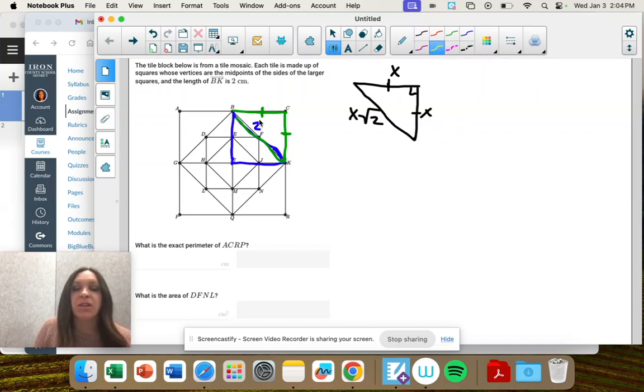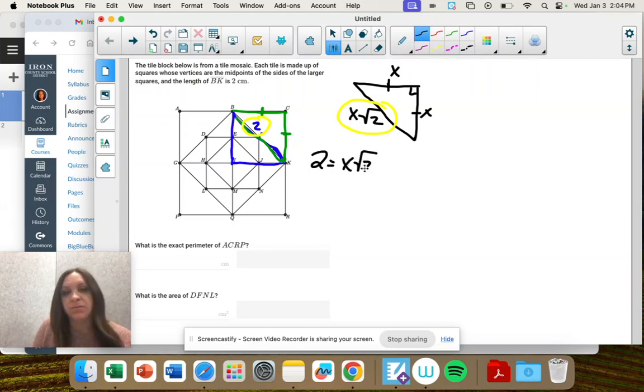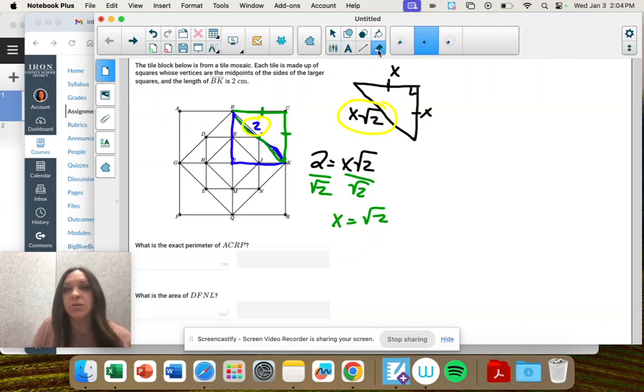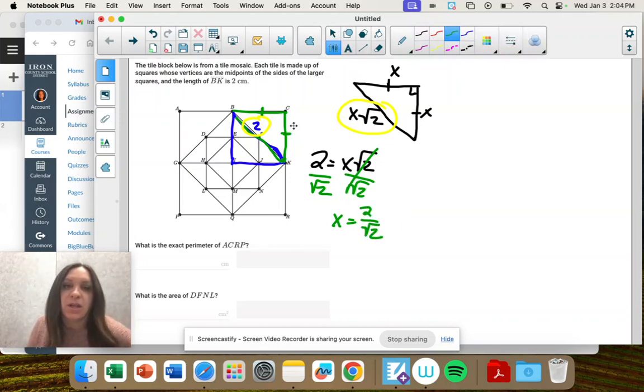So if I'm looking at these two hypotenuse lengths, they're equal to each other. So what does x equal? We divide both sides by the square root of 2. So x equals 2 divided by the square root of 2. So that's what this is, and this one, and this.